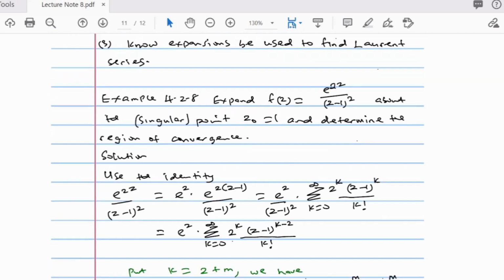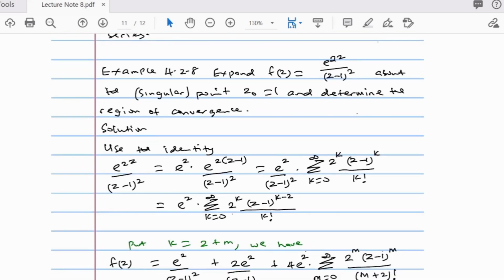What I'm going to do here is make use of my known expansion to compute the Laurent expansion and the Laurent series of this function. So I want to find e to the power 2z over (z minus 1) squared, which I can write like this.